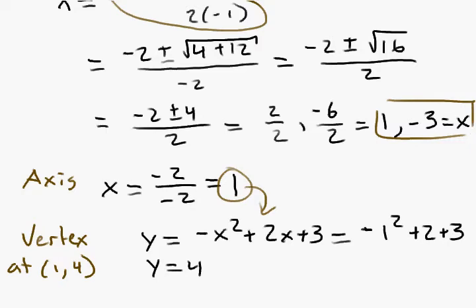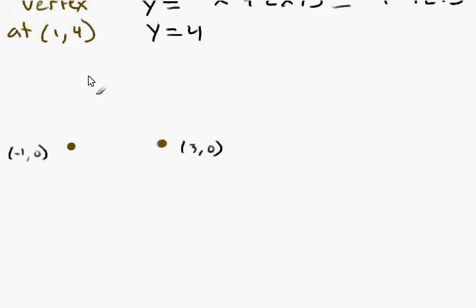Okay, I'm going to go ahead and sketch this really quickly. So I'm just going to plot out my points. I've got the roots here. I've got one here, and I'll have one here. So this will represent 3, 0, and this will represent minus 1, 0, and then the vertex was at 4. That's above these guys. 4 is like up here.